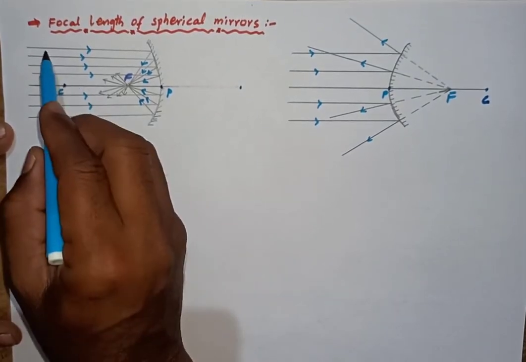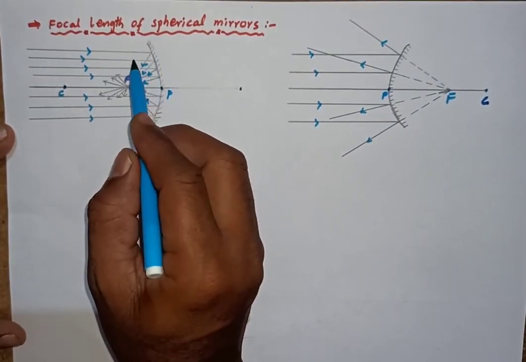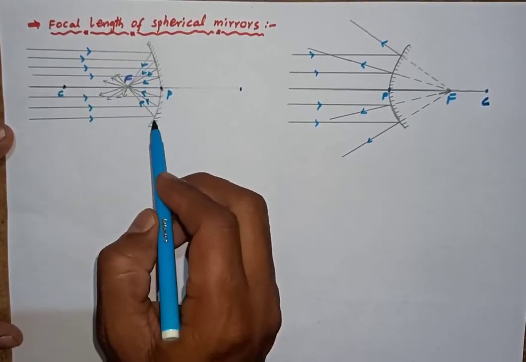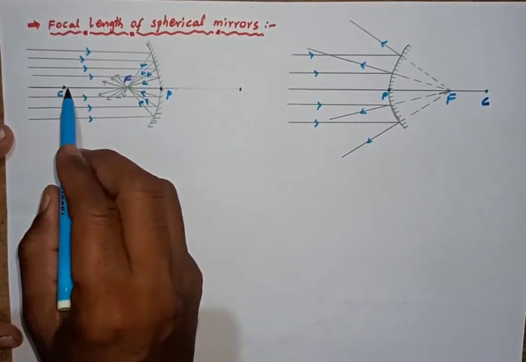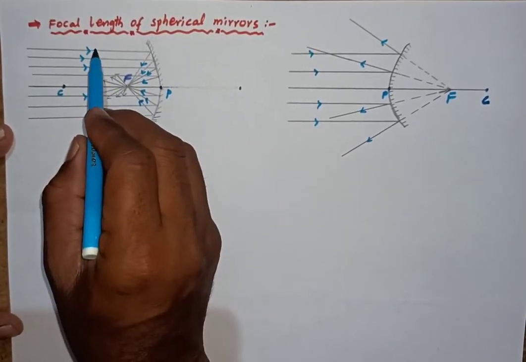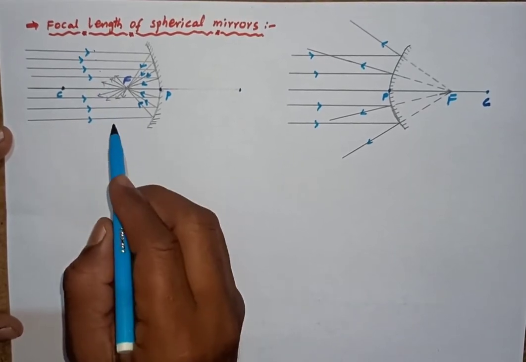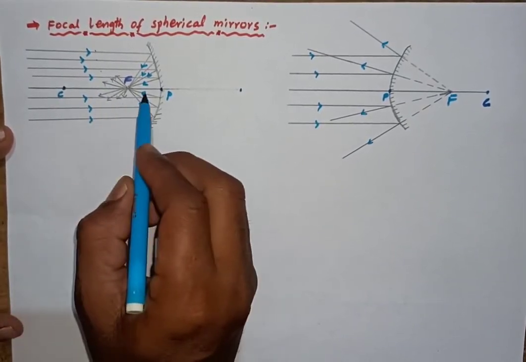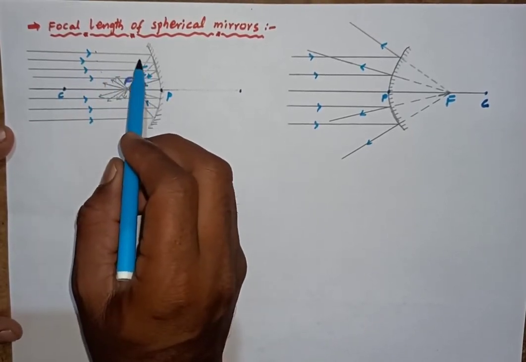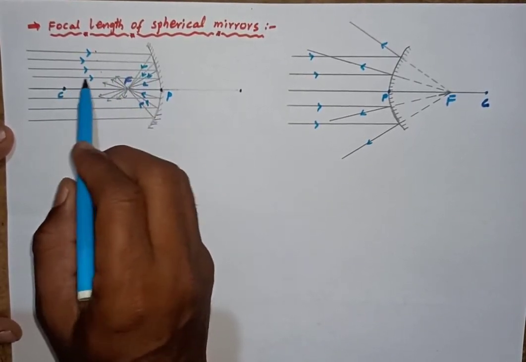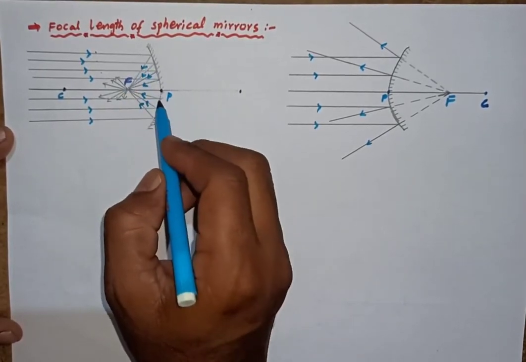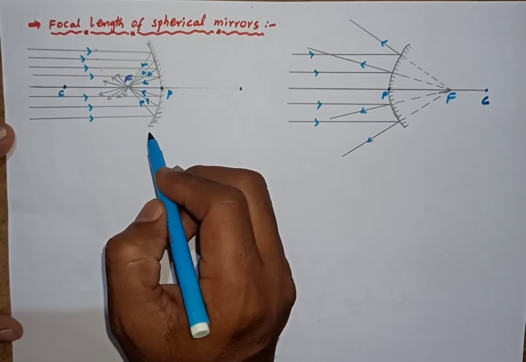When light rays are incident on the concave mirror parallel to the principal axis, the beam of light or rays parallel to the principal axis are incident on the concave mirror.